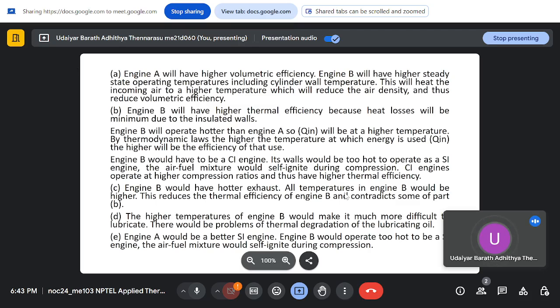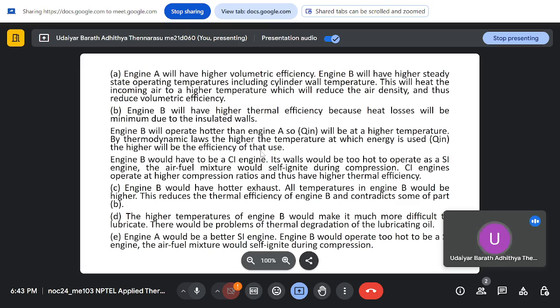Next, engine B will have higher thermal efficiency because heat losses will be minimum due to the insulated walls. And if you see, engine B will operate hotter than engine A, so Q in will be at higher temperature. By thermodynamic law, the higher the temperature at which energy is used, the higher will be the efficiency of that use.